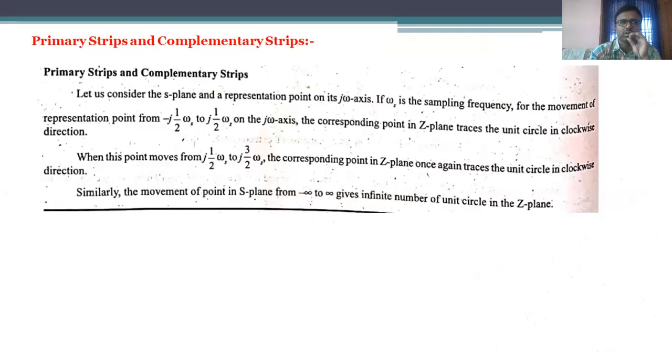Previously we have seen the clockwise direction occupation in the case of the unit circle of the z-plane.